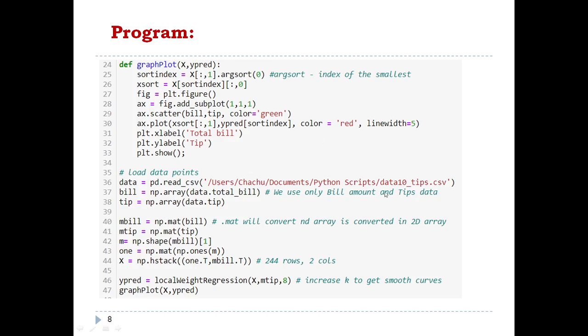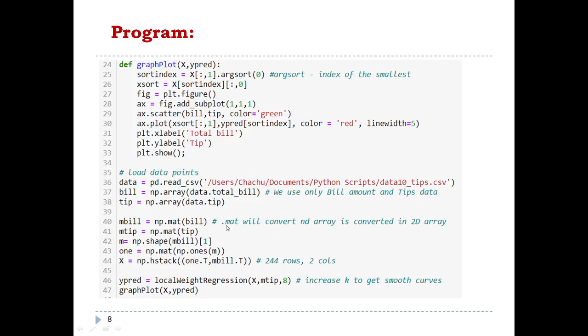So here we are going to predict the tip amount based on the bill details. We'll read those data sets into the data frame called data. Then we separate the bill amount and the tips data, and we store the bill amount into an NP array, that is bill, and the tips amount we store in tip.